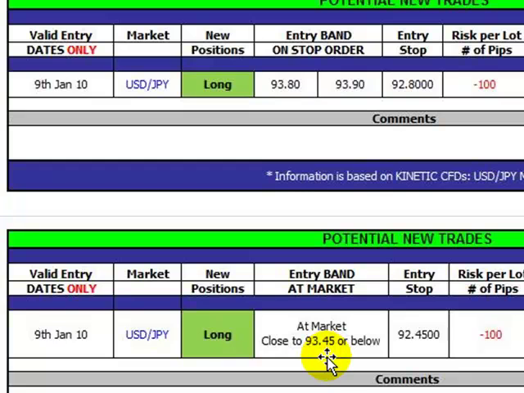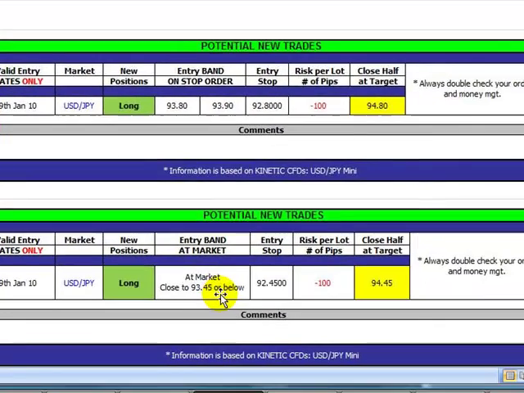And that's an extra 50 pips above what the actual trade recommendation was made at. So that would expand the risk out of the trade to 150 pips. And you would need to make sure you took that into consideration when you were actually working out your money management. Now we need to make sure that the stop loss always remains at what I'm giving you here in the recommendation.